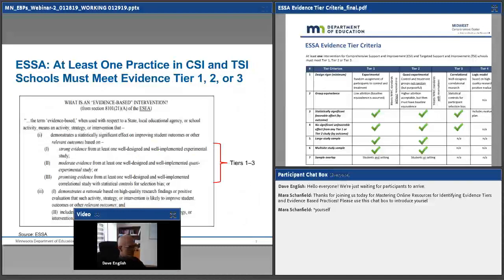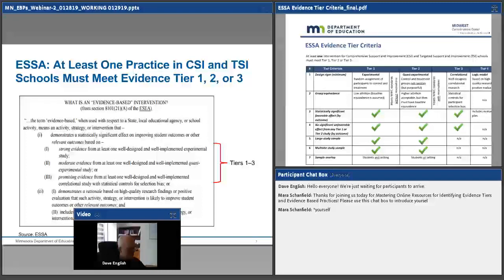All right, so let's get started on this. We know that the ESSA requirement that's driving this conversation today is really all about this requirement here, that at least one practice in CSI and TSI schools must meet evidence tier 1, 2, or 3. I don't need to go into it in depth.